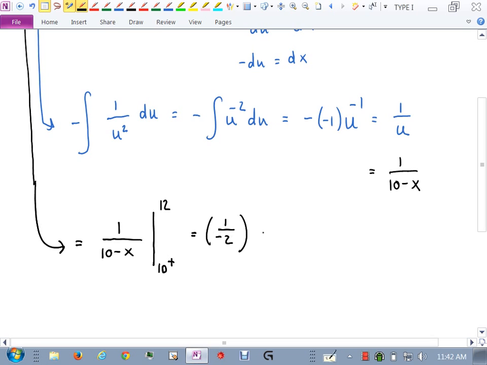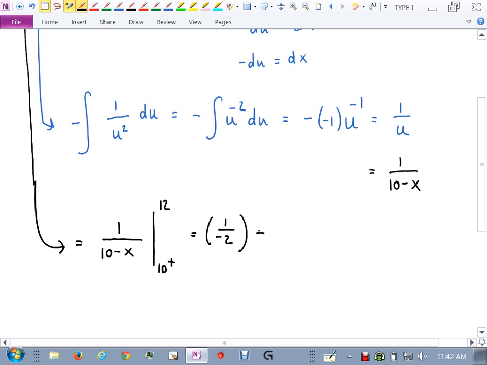Okay. Minus. Now, here's where things get a little interesting. So it all goes back to calculus 1. If I plug in 10 in here, a number that's a little bigger than 10, 10.1, 10.0001, something like that, I plug that in here. 10 minus a number a little bit bigger than 10 would be a very small negative number, wouldn't it?